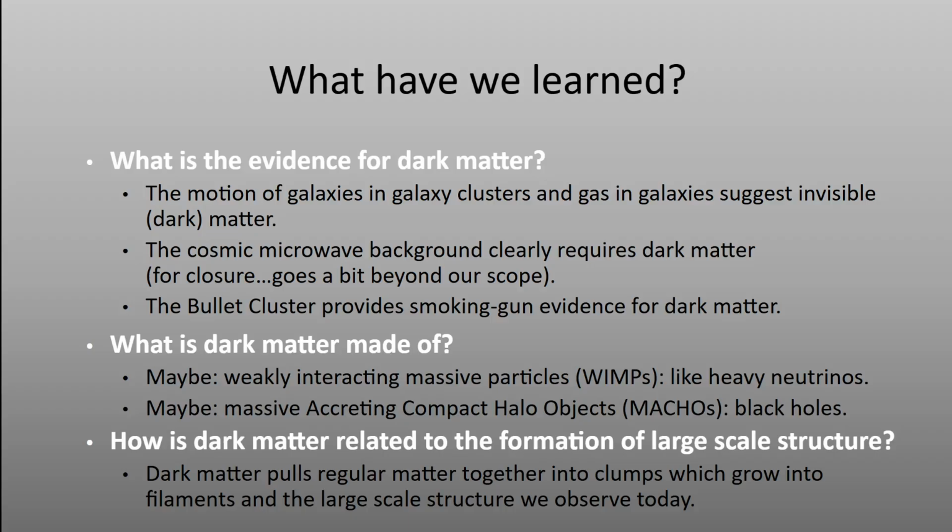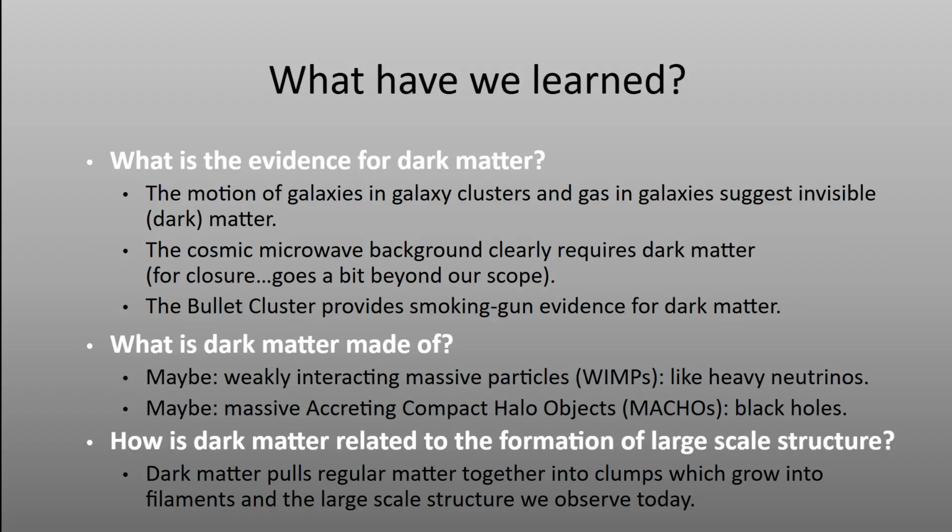And regarding what dark matter is made of, there are two main leading theories. Dark matter might be made of WIMPs, or weakly interacting massive particles like massive neutrinos, or dark matter might be made of massive accreting compact halo objects or black holes. And then there are some people that try to come up with alternative gravity theories.